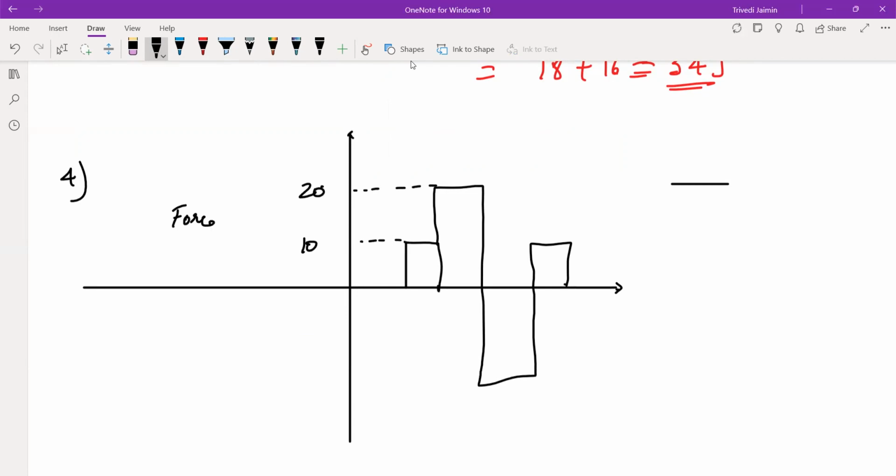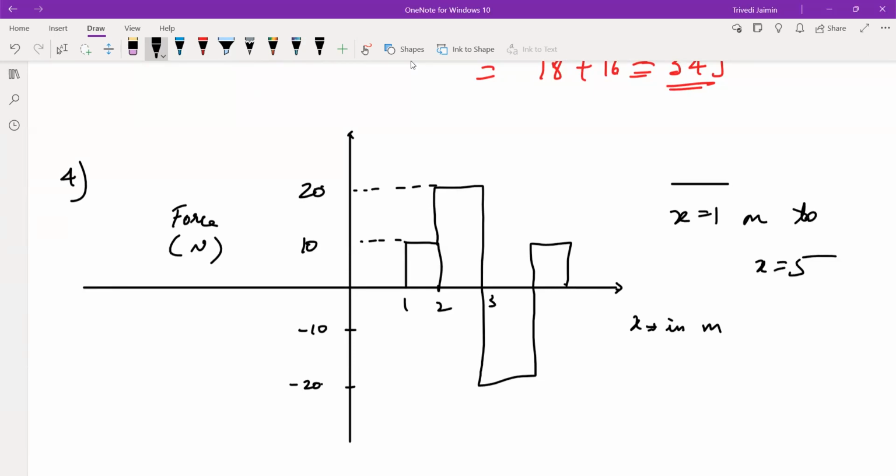Force is in Newton, and the x-axis is displacement in meters. As usual, this is 10, this is minus 10, this is minus 20. Let me read this: the relation between force and position of the body is given along the x-axis as shown in the figure. What is the work done by the force in displacing the body from x equals 1 meter to x equals 5 meters? That means 1, 2, 3, 4 and 5.